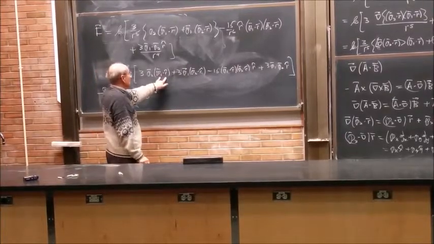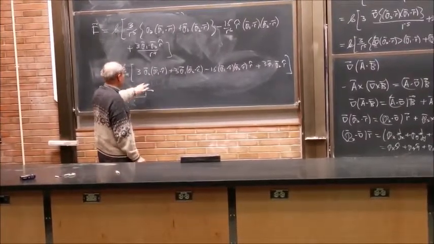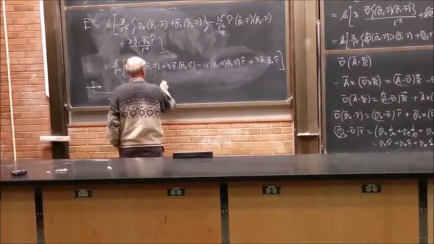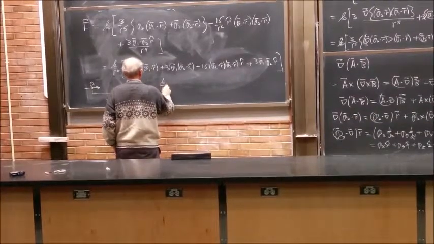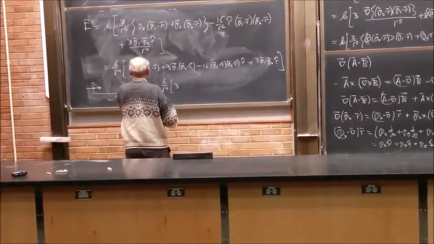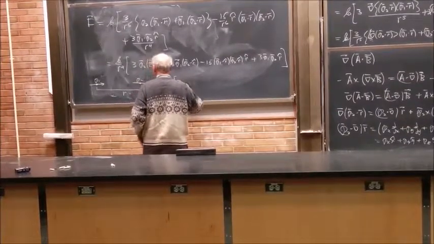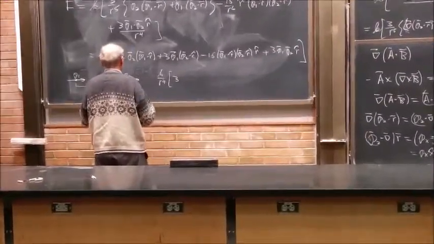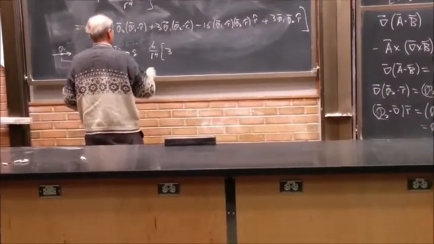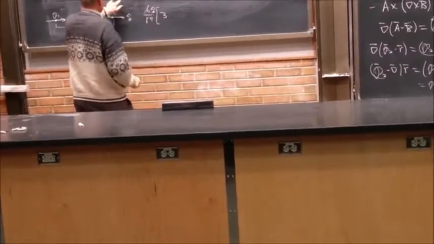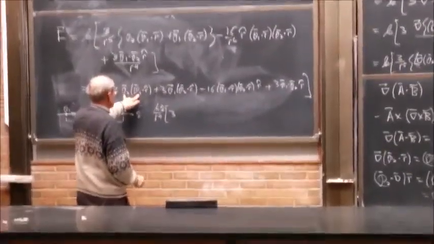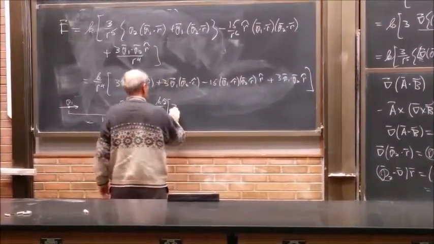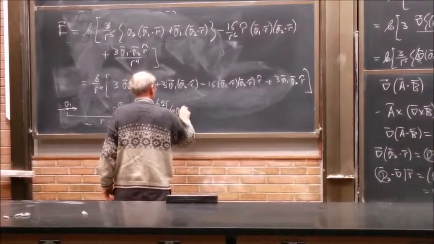P1 dot r, since P1 points in the direction of r, that's just P1, that's just P2, and so we get k over r to the 4th times 3. Both of the p's are in the same direction, and let's call that direction the z direction. So we've got a z hat, and we've got 3 P1 P2, 3 P1 P2, so that gives us 6 P1 P2.